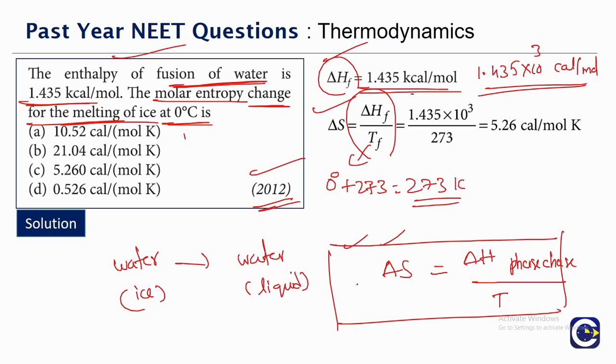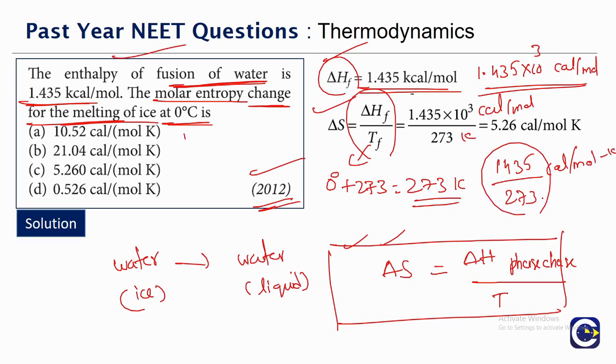Approximately 273. So 1.435 into 10 power 3 calories per mole, divided by 273 Kelvin. So the numerator is 1435 divided by 273 calorie per mole Kelvin. 1435 divided by 273 is approximately 5.26.